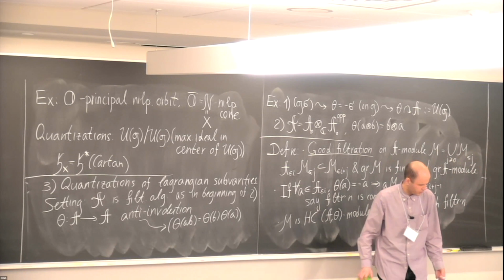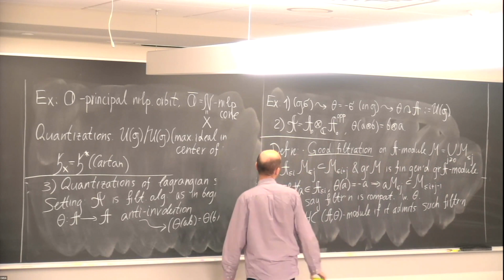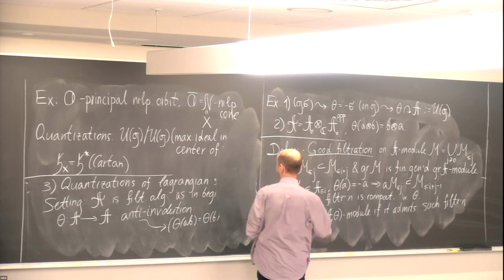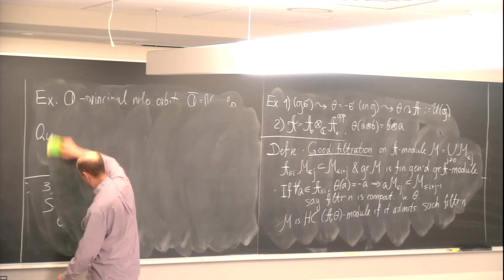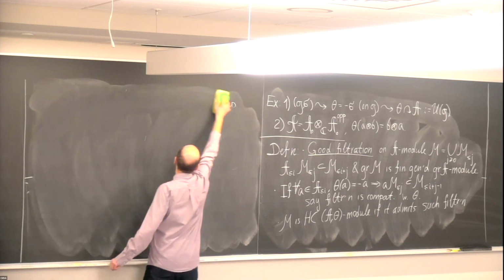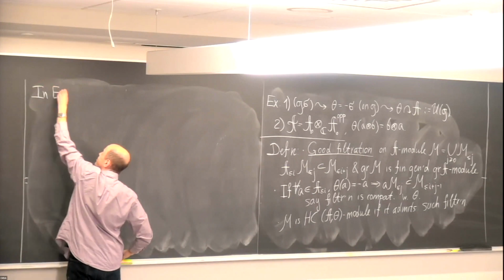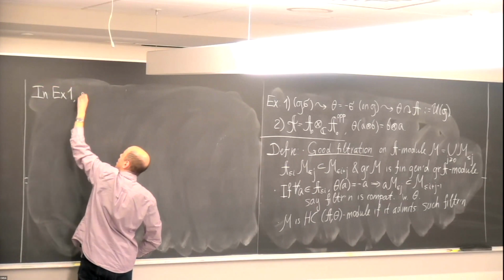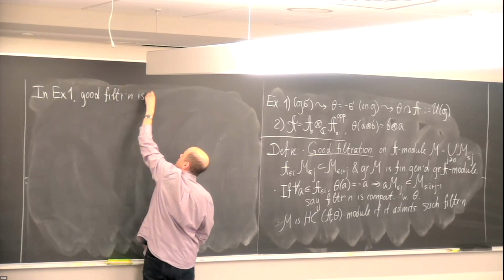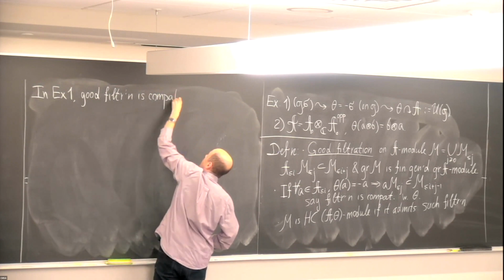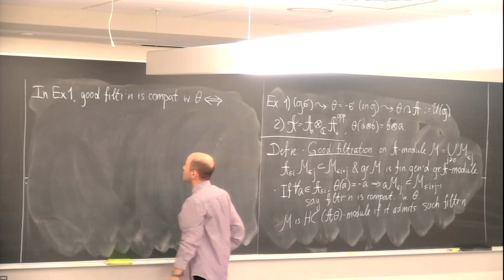And of course, you can ask what is the motivation for this definition? Well, let me explain what happens in the setting of example number 1. In example 1, a good filtration is compatible with theta if and only if it's K-stable.